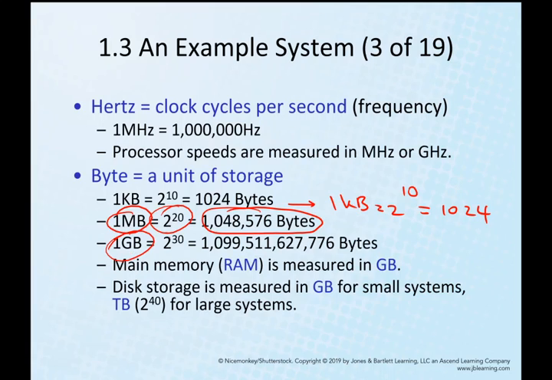And 1 gigabyte is 2 to the power of 30, which is about 1 billion bytes. When we refer to these values, we just refer to the highest digit. So it's 1 kilo, 1 meg, and 1 gig. These numbers are not exactly 1 gig.